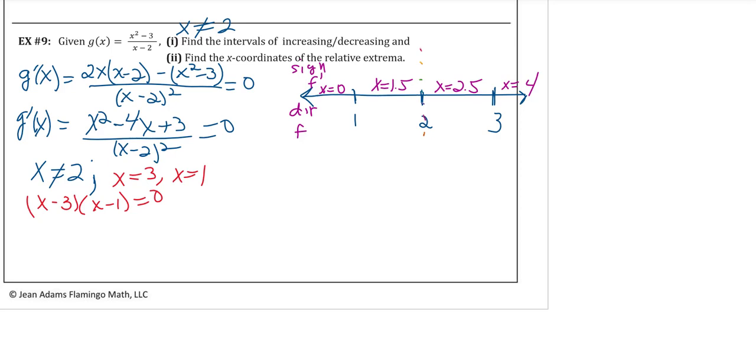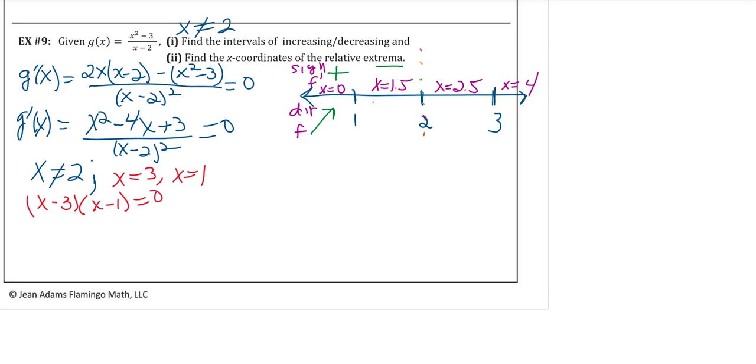Okay, so when I put 0 in the derivative, I get a positive over a positive. The denominator is always going to be positive because it's squared. So this is going to be positive, which means the graph is increasing. If I put 1.5 in, the numerator is going to be negative, and of course the denominator is always positive.